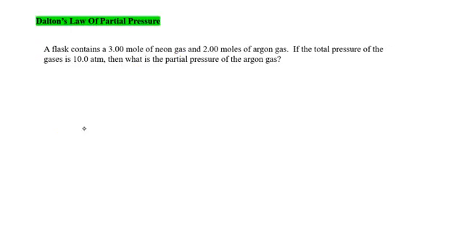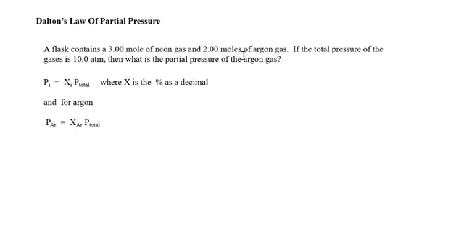All right. Lastly, let's do a percentage gig without really being given the percentage. In this case, I've got a flask, 3 moles of neon, 2 moles of argon. Total pressure is 10 atmospheres, partial pressure of argon? Don't wig out about it. Think, hey, I've got a bunch of pressures and I need to know a partial pressure. I could be using the one where I add them up, but I'm probably going to use the one with the chi because I don't have a bunch of partial pressures.